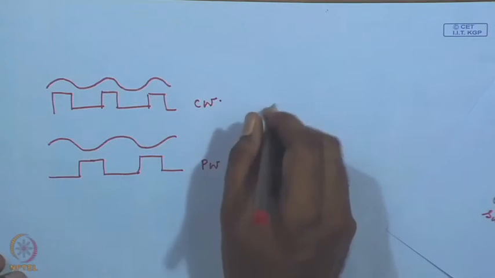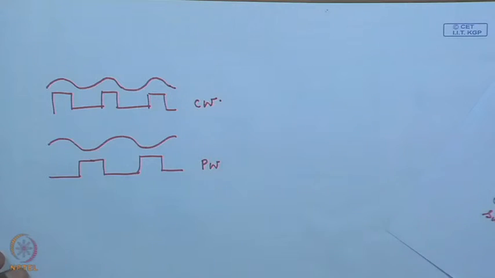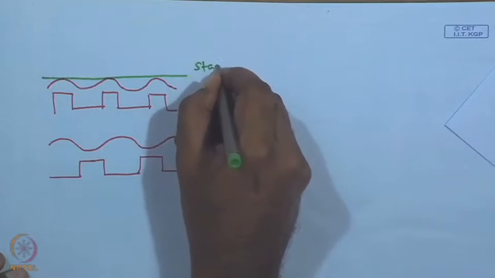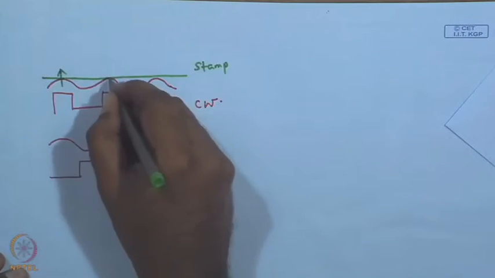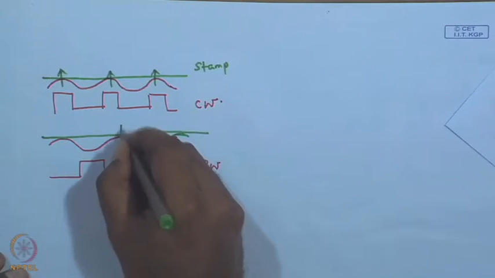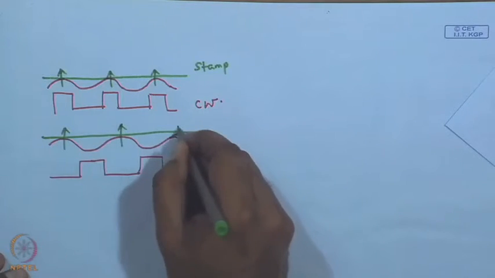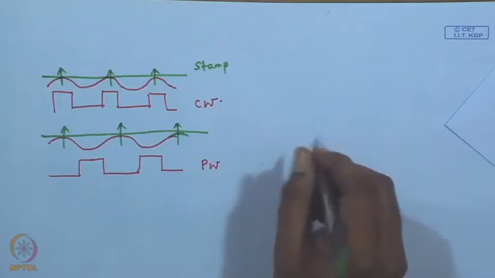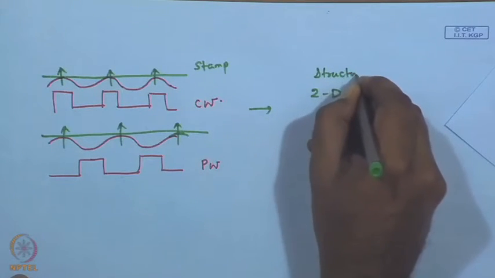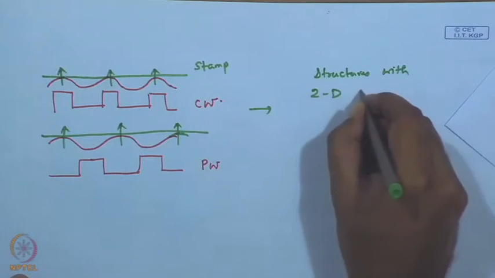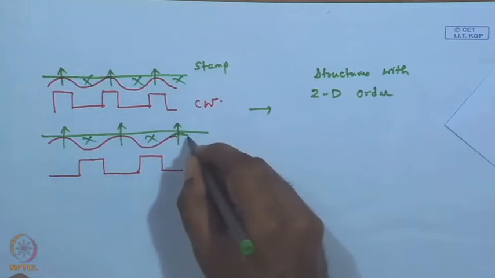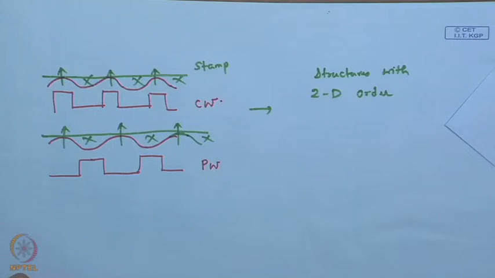Which of the geometries you have depends on the wettability, but irrespective of that, if you now bring in a stamp from the top, you can see that there will be capillary rise only over these areas, because these are the zones where the film and the stamp are in direct contact. So, this will also lead to structures with 2D order, as there will be a spatial variation in the extent of contact, which will transfer into a spatial variation in the extent of capillary rise.